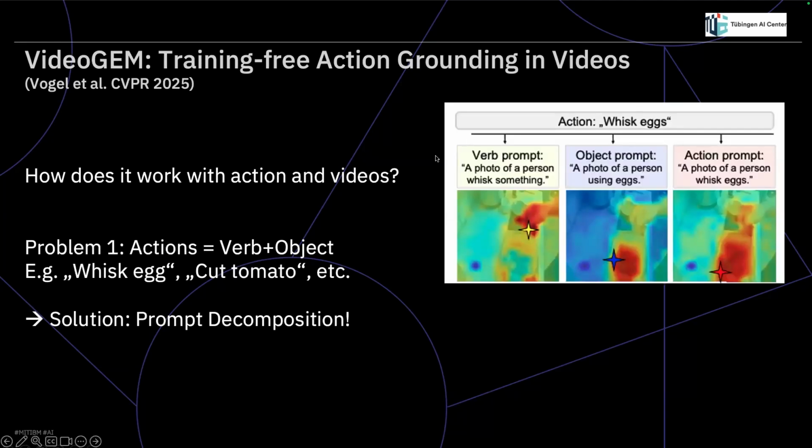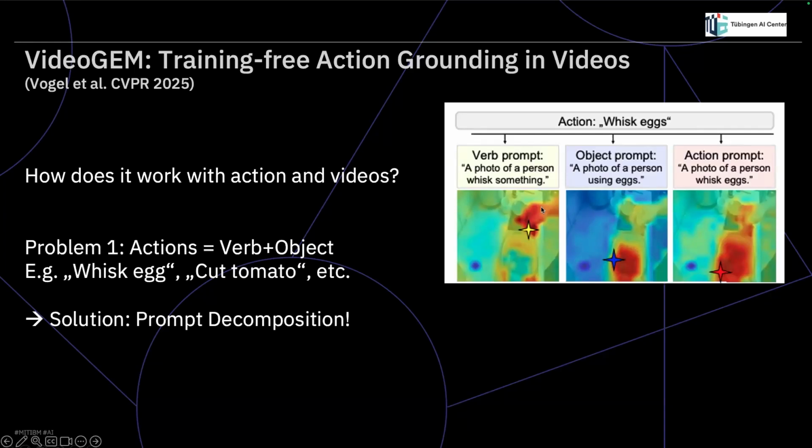When we had an action like whisk egg, we decomposed the prompt first into a verb prompt, "a photo of a person whisking something," and second into an object prompt, "a photo of a person using X." And then we also added the action prompt as the combination of both of them.